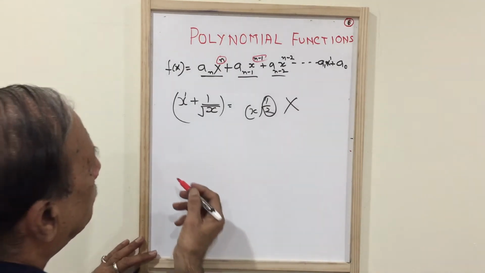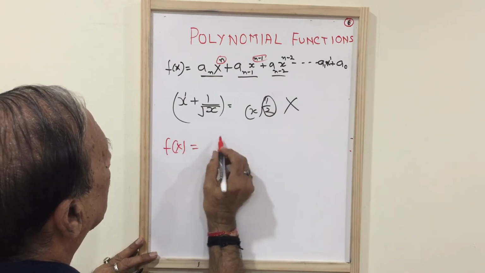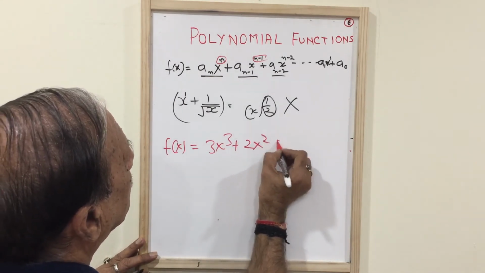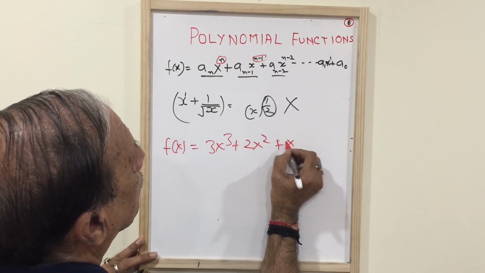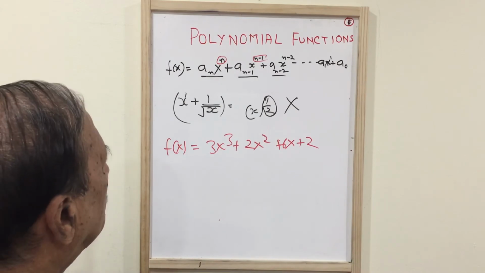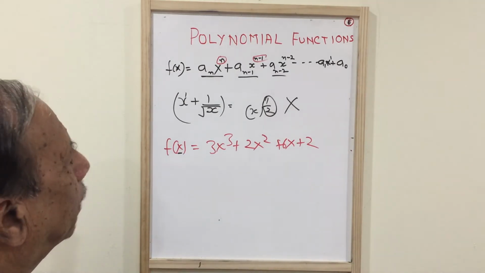Another example we'll take. Suppose f(x) is equal to 3x cube plus 2x squared plus 6x plus 2. So this is a polynomial, f with respect to x, a function of x.